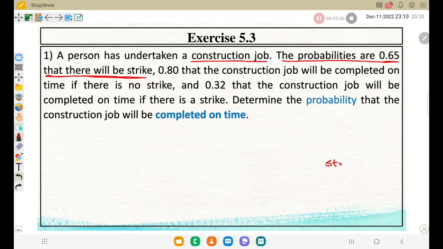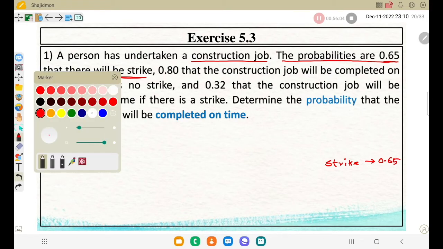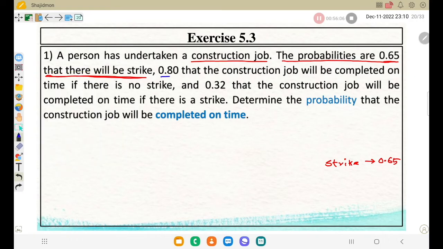So strike coming, the probability is 0.65. Now what is the next sentence telling? 0.80 that the construction job will be completed on time if there is no strike. If there is no strike, 0.80 construction work will be completed on time.